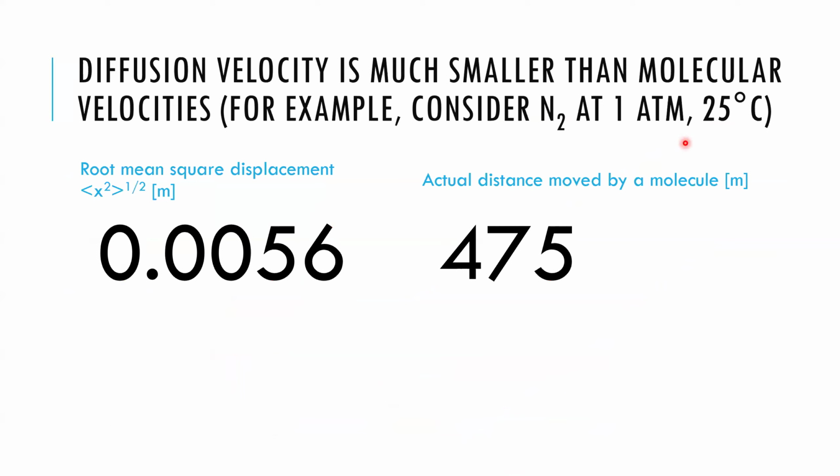For example, consider nitrogen gas at 1 atmosphere and about room temperature. The root mean square displacement, meaning that x distance squared and averaged over a number of molecules and then take the square root, is only 0.0056 meters, whereas the actual distance moved by the molecule is like 475 meters.